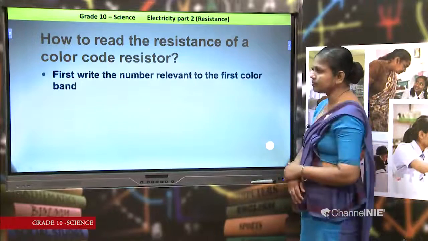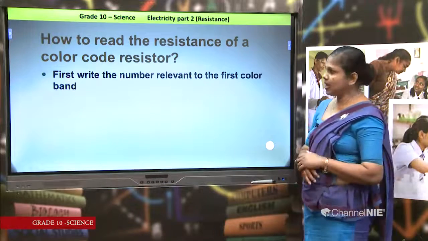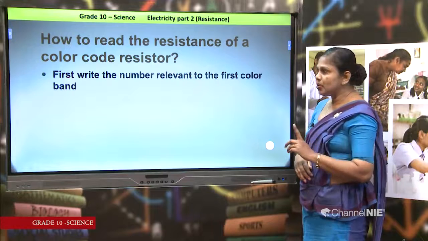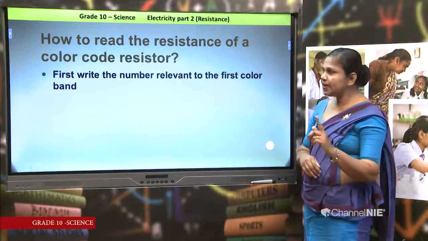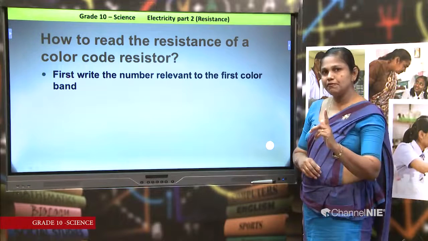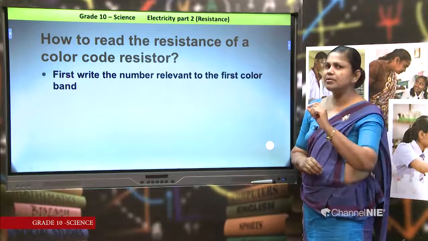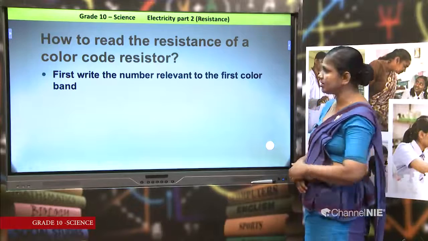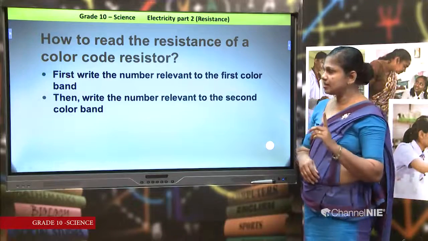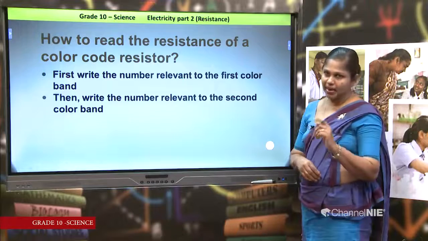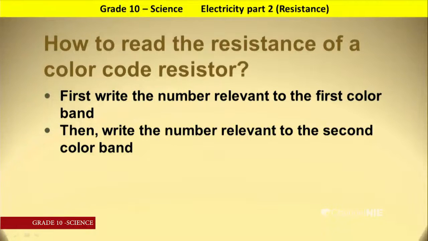See, first we have to use the first color band and get the code number relevant to the first color band and write it. Then we have to get the second color band and get the code number relevant to the second band and write it after that.